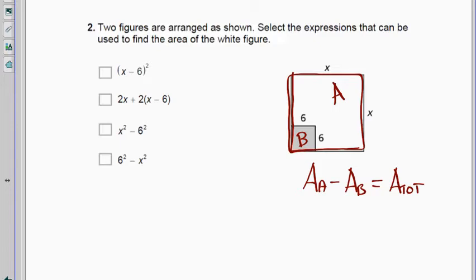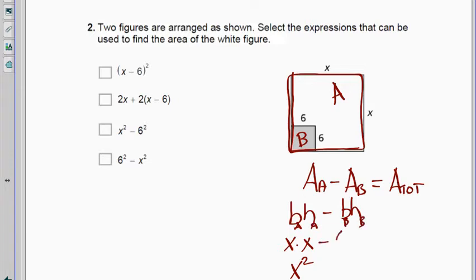The area of A is just base times height, which is x times x, or x squared, minus area of B. That's another base times height. I'm going to put a little a and a little b there, just so I know they're different bases and heights.